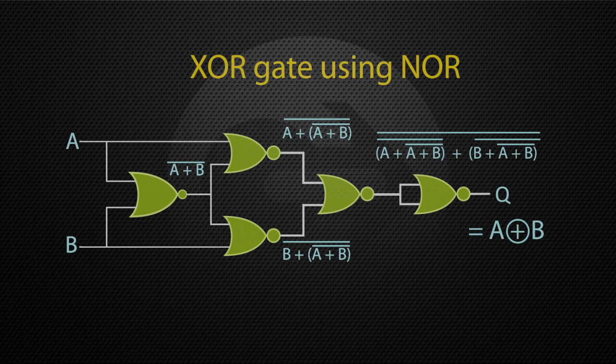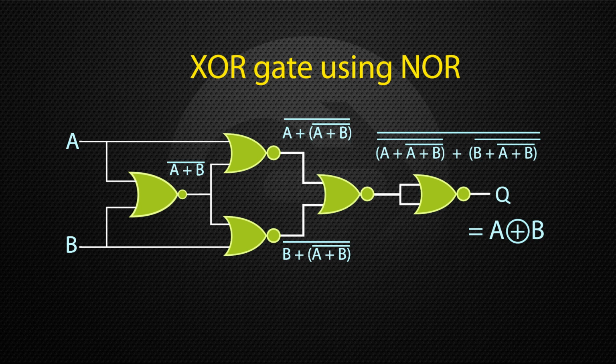XOR gate using NOR. A NOR B generates A plus B bar. Now, A NOR A plus B bar generates A plus B bar whole bar, and B NOR A plus B bar generates B plus B bar whole bar.